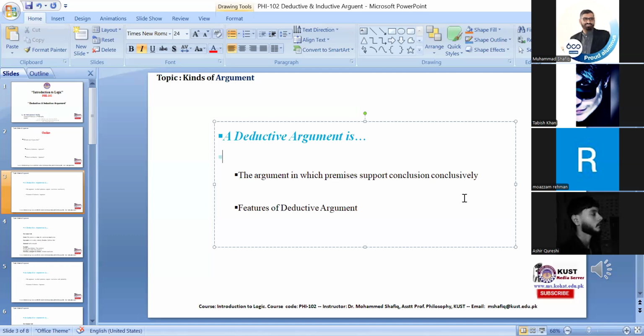Conclusively means, for example, if I say all students are intelligent and then I say Mr. X is a student.